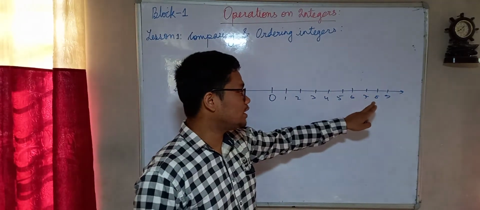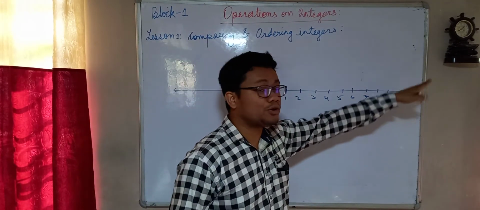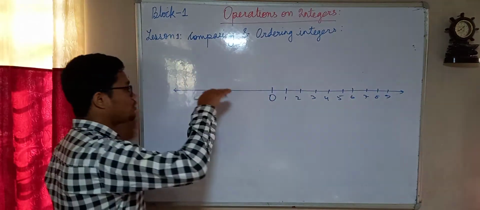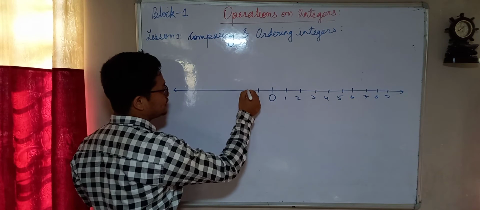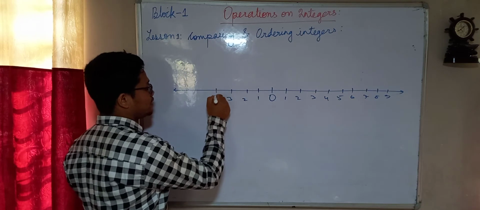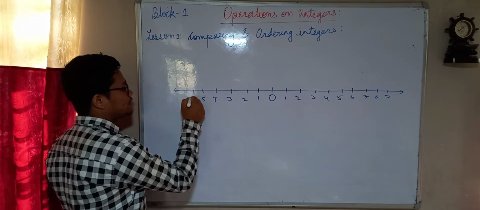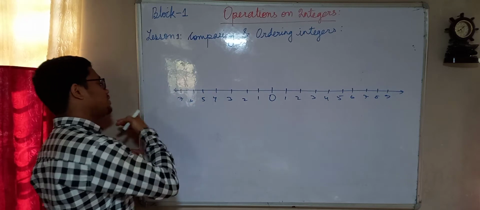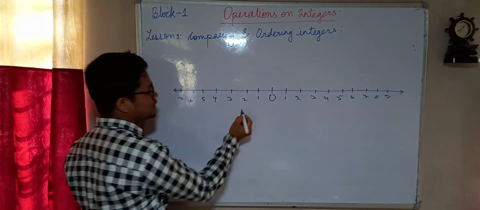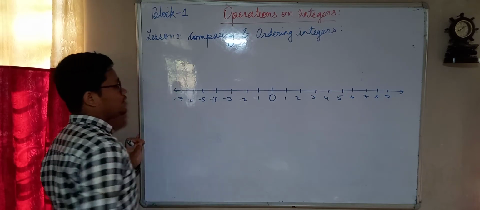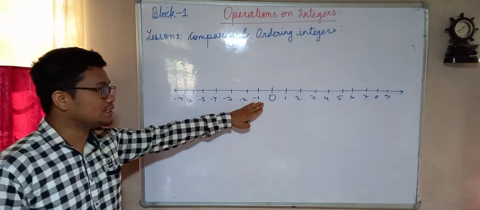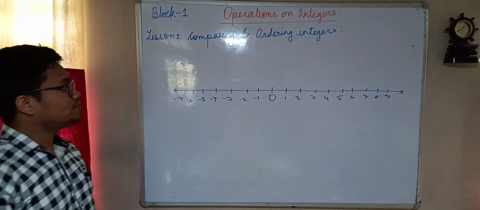As you know, the numbers never end, so this arrow represents that the numbers continue from there. Over here also children, 1 2 3 4 5 6 7, and here also it will continue, but what is the difference? Over here you have to keep a minus sign before the numbers so that you indicate they are negative numbers.